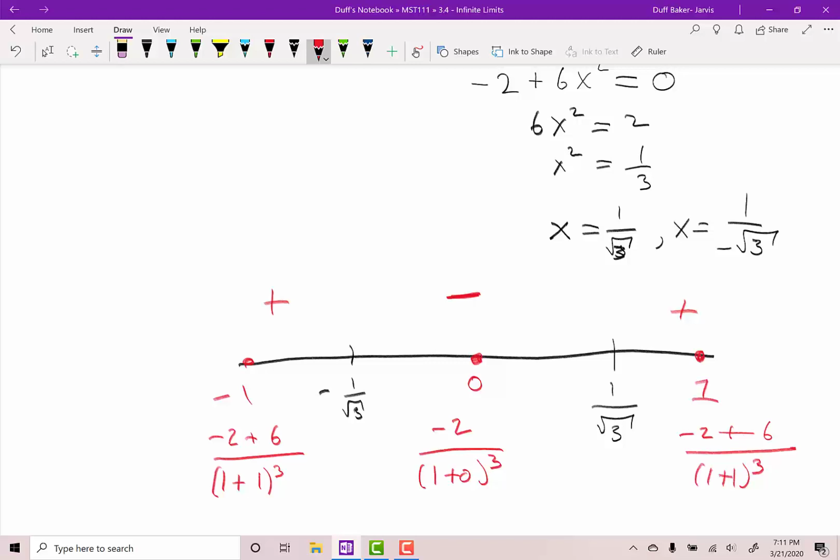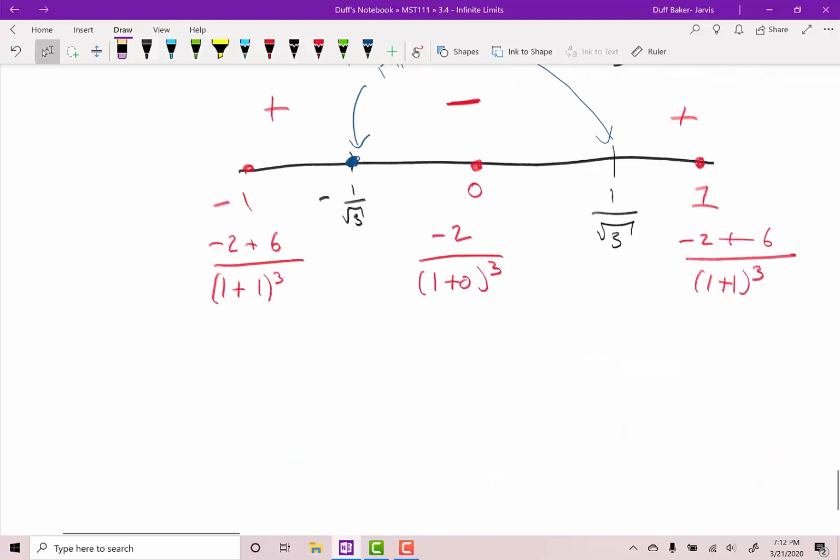Okay, so what we realized here is that at 1 over root 3, because it changed concavity, this is the second derivative, which tells us about concavity. Because it went from plus to minus, this is an inflection point. And this one as well, because it again switched signs, though the other way, from minus to plus. And so inflection points will be important.